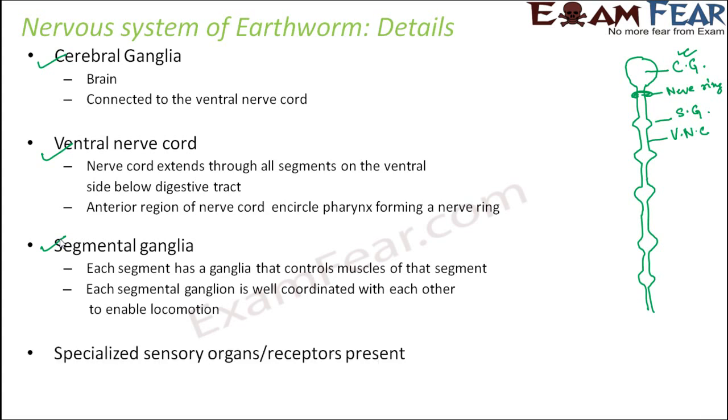Talking about the sense organs, like how we human beings have eyes, ears, nose, skin, all those are sense organs. So what about earthworm? Here also the sense organs are located mostly on the anterior side towards the mouth side. They can't see but can feel the light intensity or vibrations on the ground.